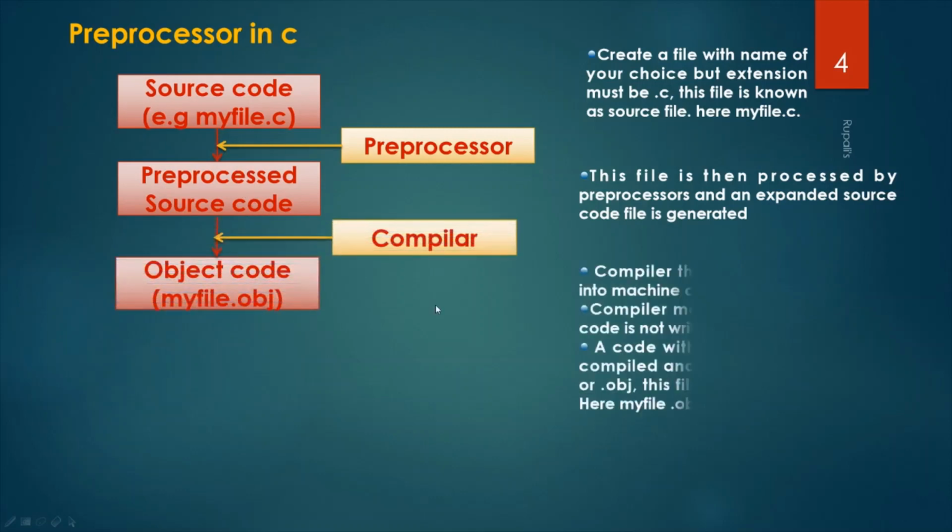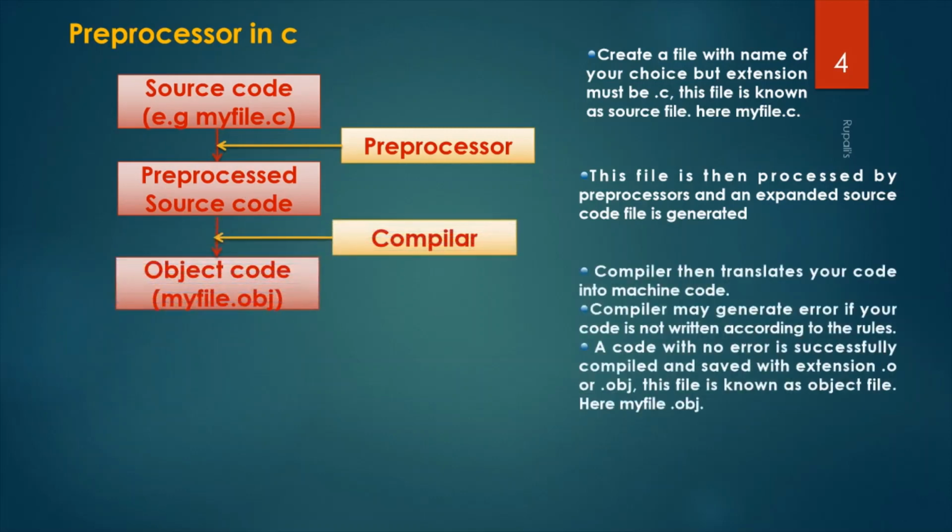Now the compiler translates your code into machine code. The compiler may generate an error if your code is not written according to the rules, according to the syntax. A code with no error is successfully compiled and saved with the extension .o or .obj.